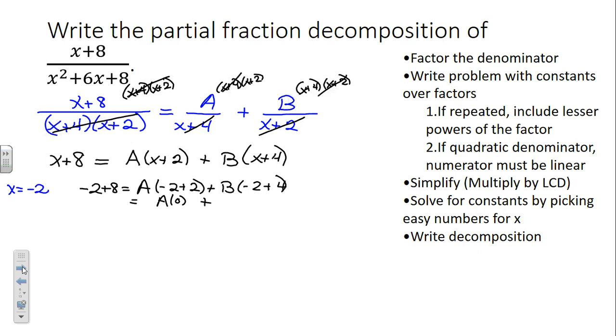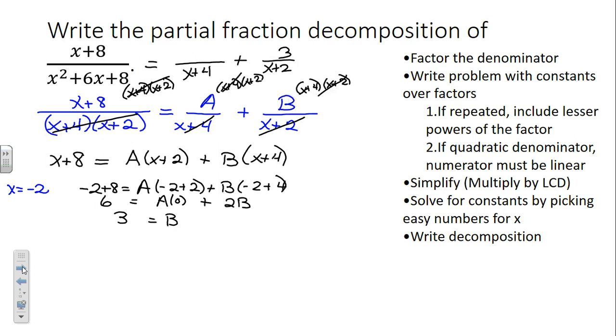And away we go. 6 is going to equal a positive 2B. So what's B? Wow, we already know what B is. Something over x plus 4 and 3 over x plus 2. Halfway there.